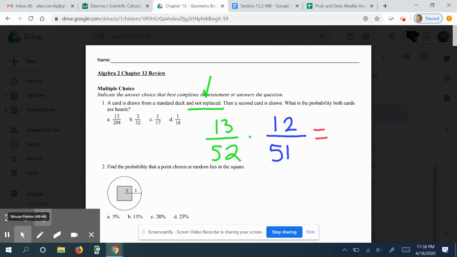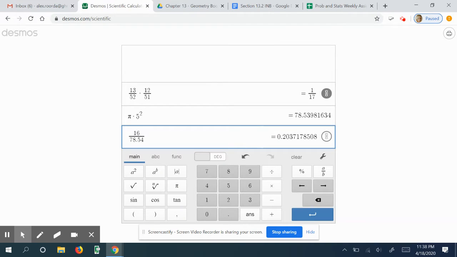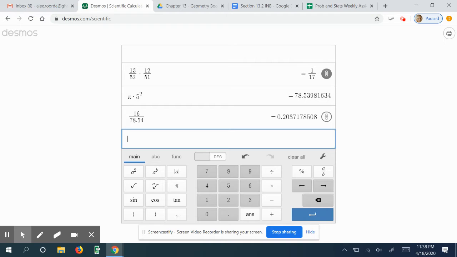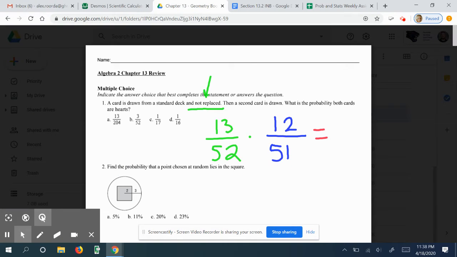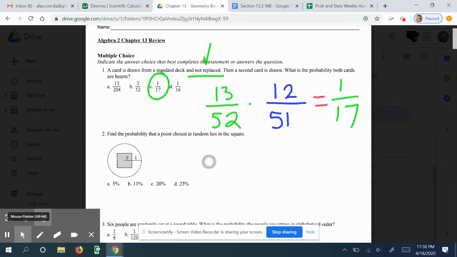I can go to my calculator and do 13 over 52 times 12 out of 51, and I get the fraction 1/17. So I go back here, and I say that this is 1/17, right? And so I get C as my answer.